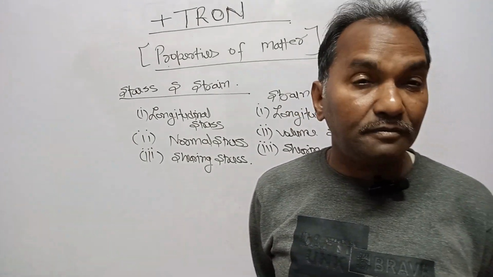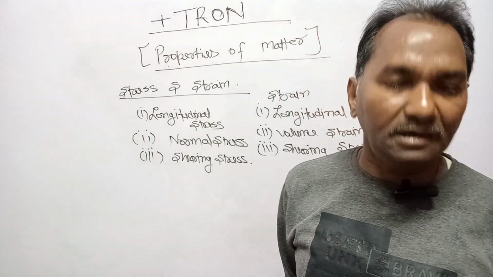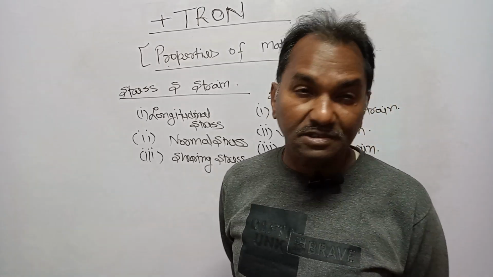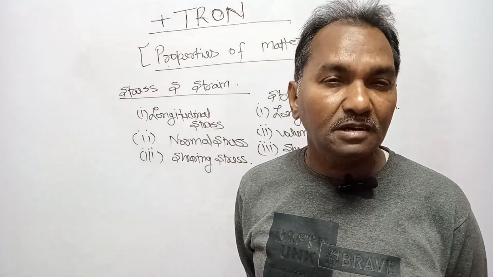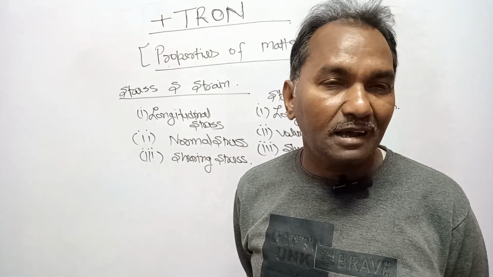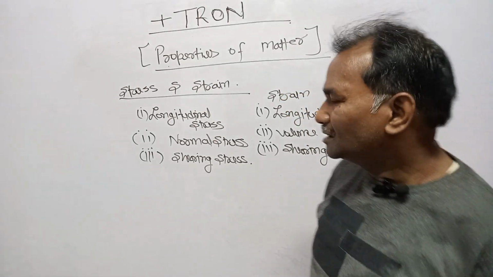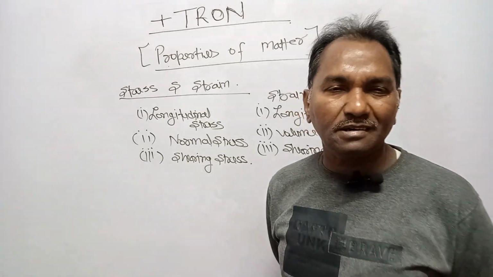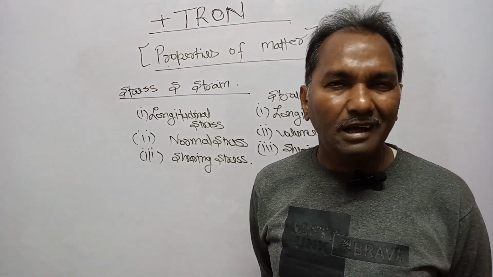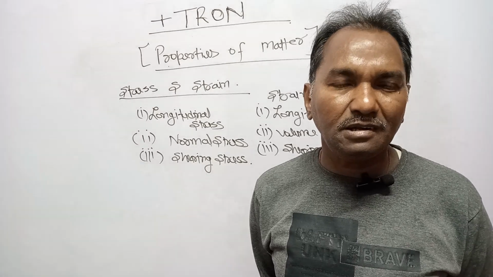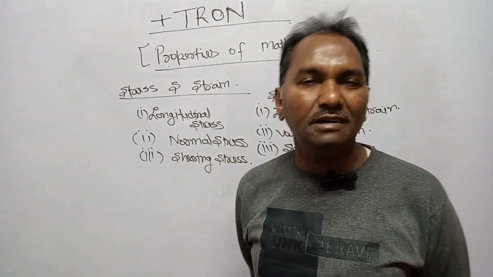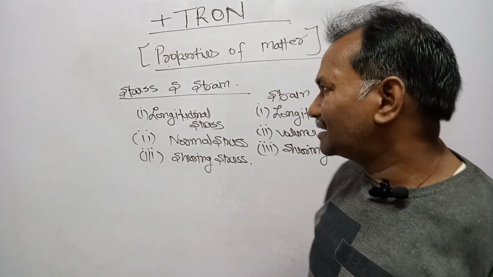It is a higher rank vector, and such physical quantities are said to be tensor quantities. You need not know much about that, but you should know that stress is a vector quantity, and actually a tensor quantity. Tensor quantity means it is a vector of higher rank.